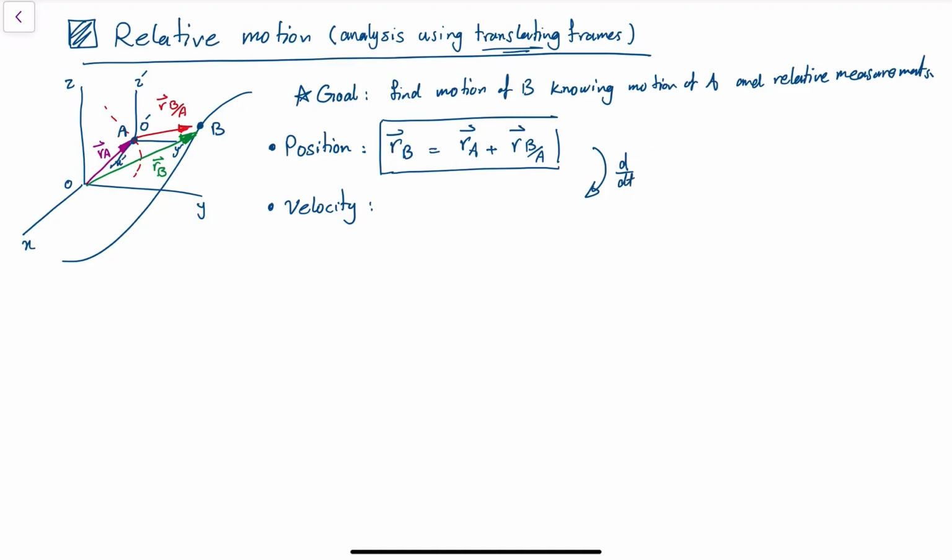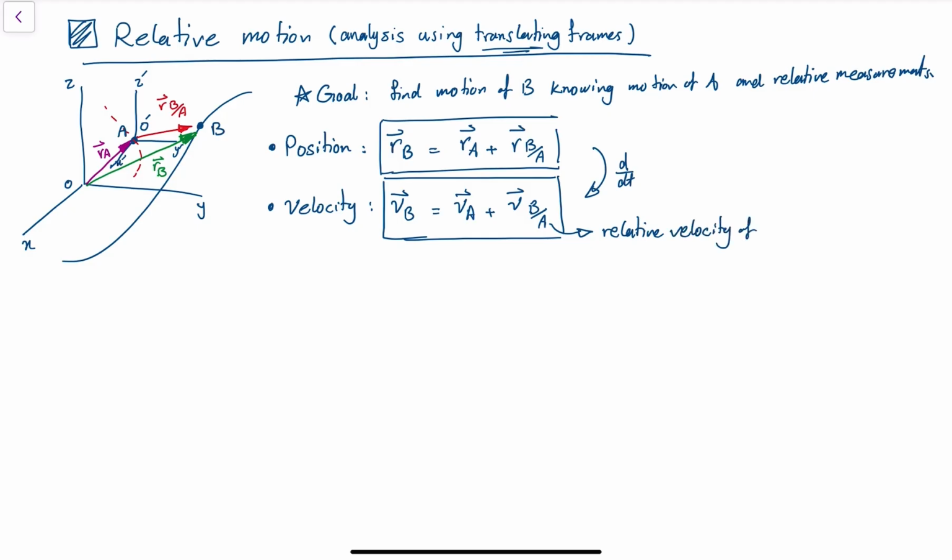We know velocity of B is time derivative of position of B. And taking time derivative of the right hand side, I have time derivative of position of A, that is velocity of A, plus, as it turns out here, the relative position, if you take time derivatives, that gives you relative velocity, whatever the observer A measures from the velocity of observer B. So this is called relative velocity of B relative to A.